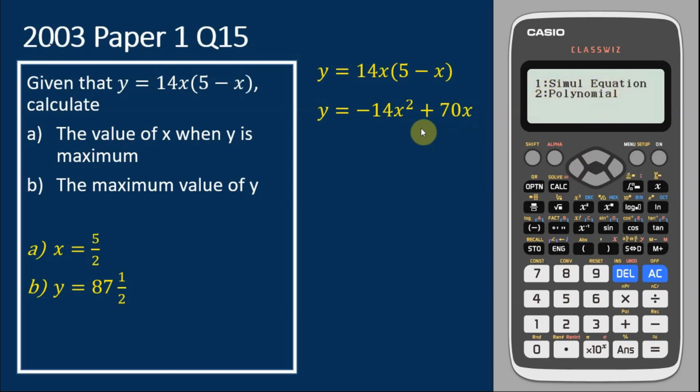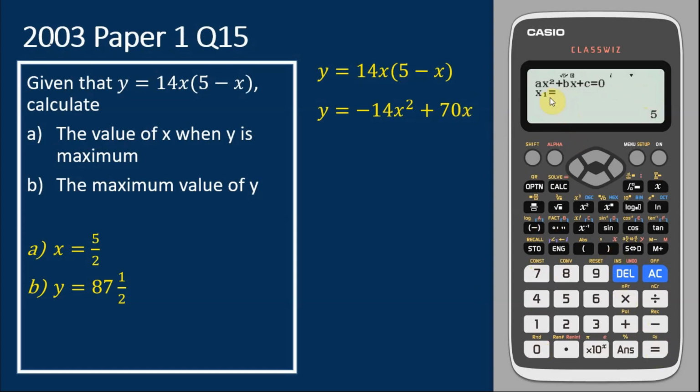A quadratic function is a second degree polynomial, so let's choose number 2, and then key in the coefficients. The coefficient for x squared is negative 14, the coefficient for x is 70, equal, and the constant is 0, so equal.